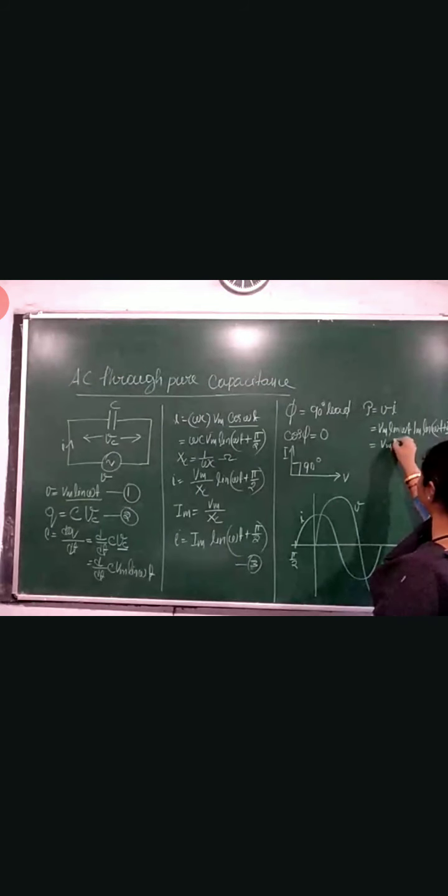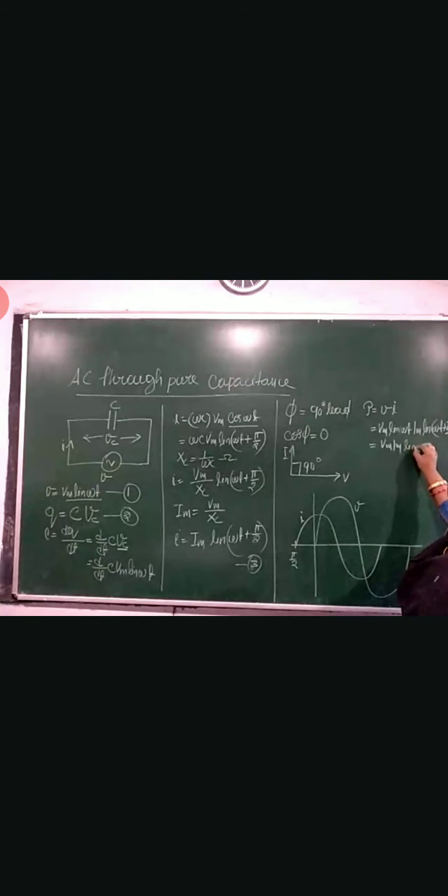Now you keep Vm Im, and sin of omega t plus 90 is cos omega t. Now you put here the trigonometric formula: as you know that sin 2 theta is 2 sin theta cos theta. So here I put the formula, sin 2 omega t. Take it as equation number 4.